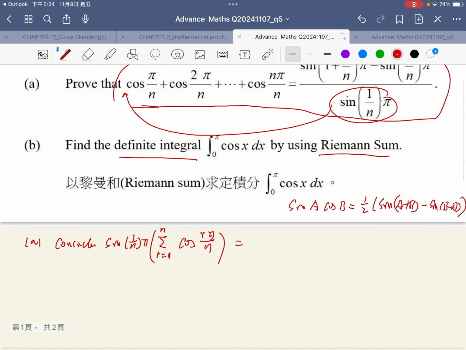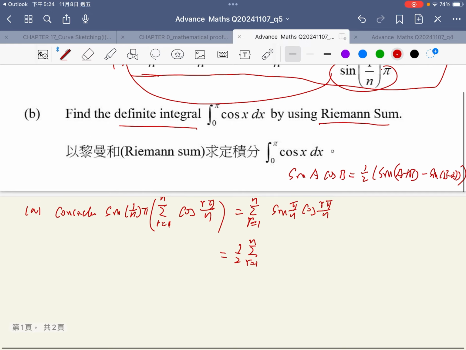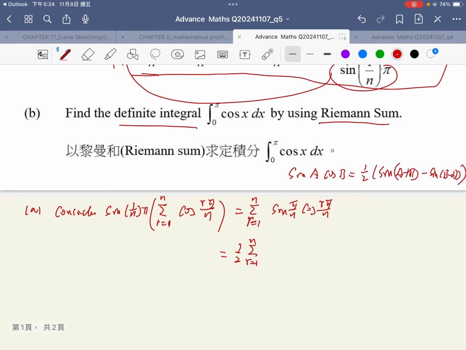Therefore, the sum can be changed to summation r from 1 to n of sine pi over n cosine r pi over n, and then 1 over 2 summation r from 1 to n of sine of r plus 1 over n pi minus sine of r minus 1 over n pi.